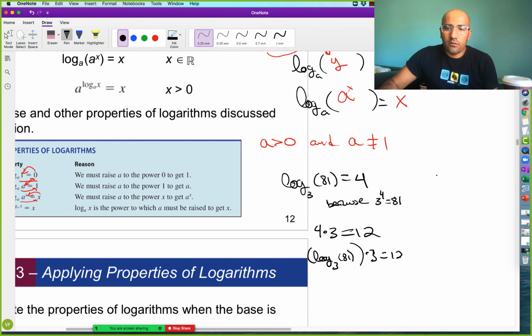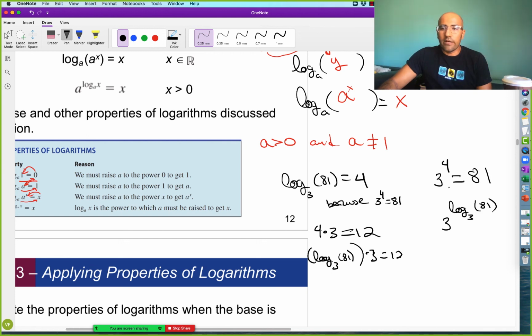Given that it's definitely a 4, then you could say that 3 to the power of 4 is the same thing as 3 to the power of log base 3 of 81. Because this is 4. We just established log base 3 of 81 is a 4. Over here, I clearly know this is 81 by knowing my powers of 3: 3 times 3 times 3 times 3.